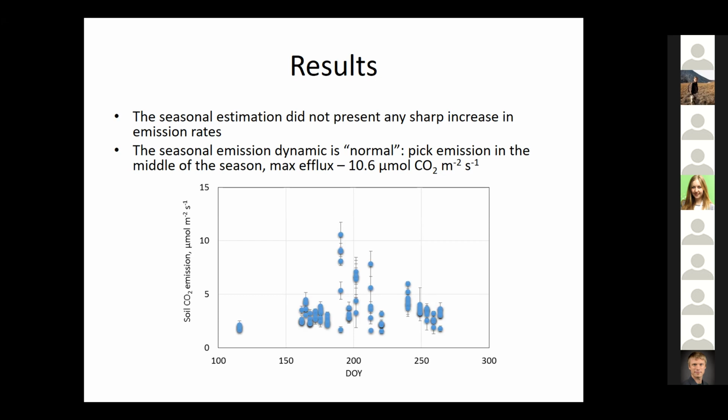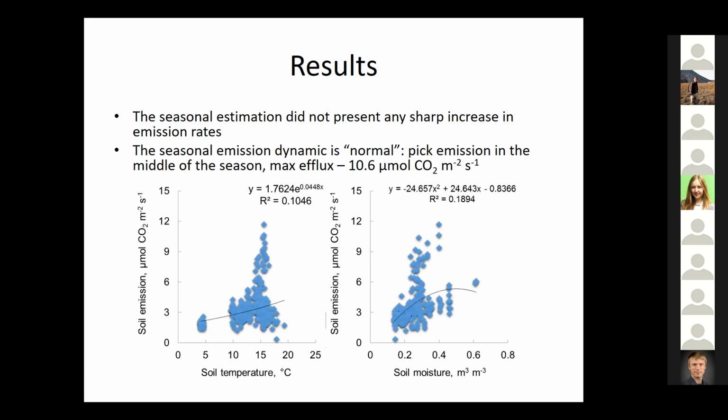It's quite a lot, I would say. Later, we looked at the dependence between the soil emission and some meteorological parameters, soil temperature and soil moisture. We found some small exponential relationship with the temperature. And with the moisture, we found a parabolic dependence with some optimal parameters around 30% moisture.